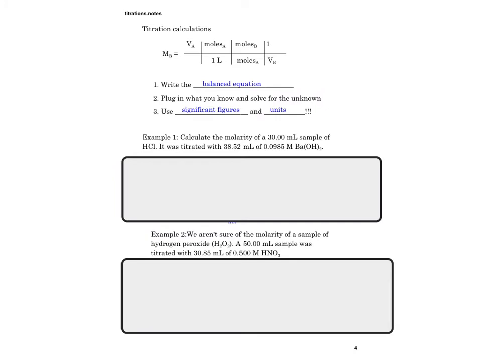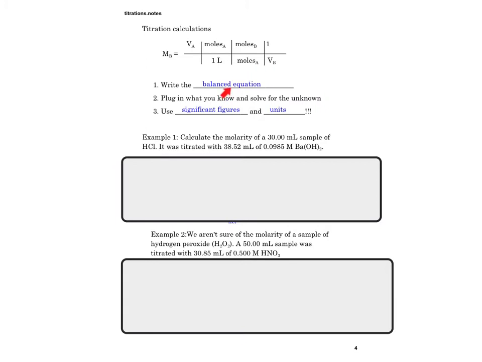Let's take a look at a titration calculation. In general, the molarity of our substance B is the volume of our first one times its molarity, use the stoichiometry from the balanced equation, and divide by the volume of the stuff we want to figure out.